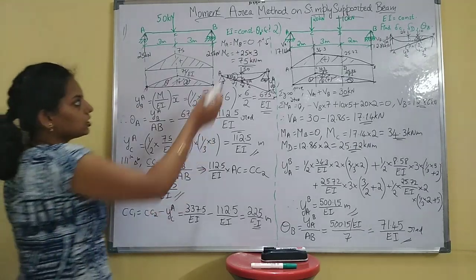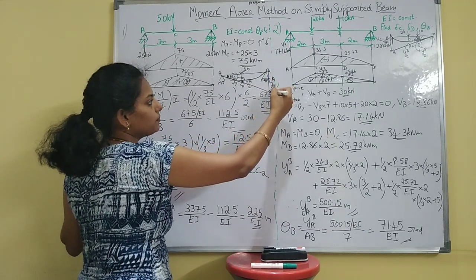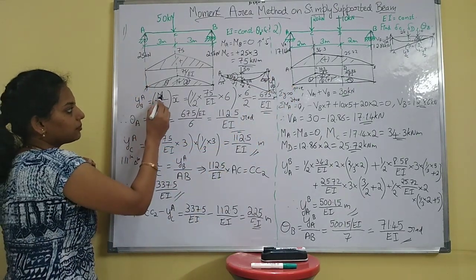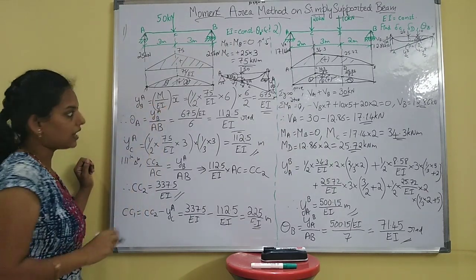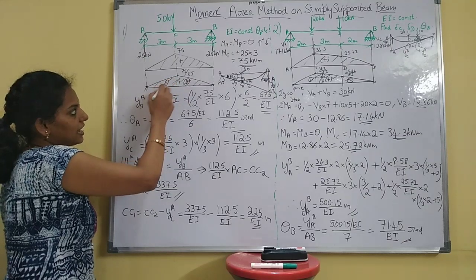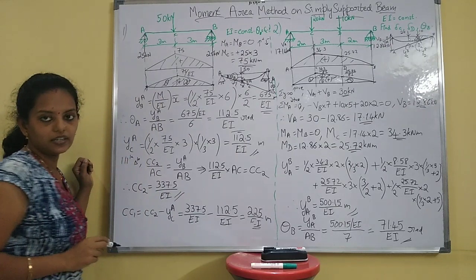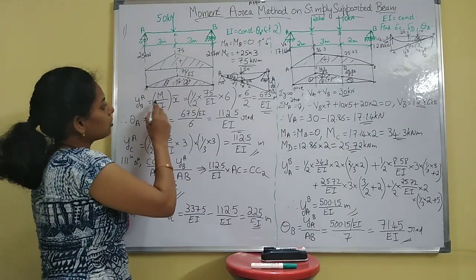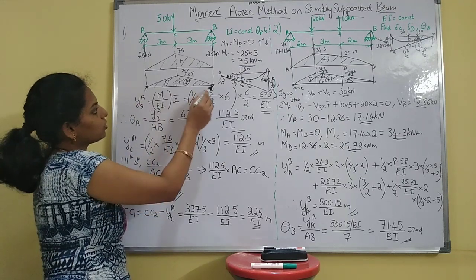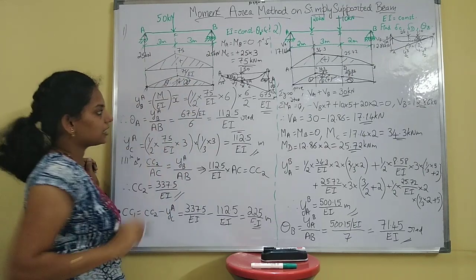So first, to find theta A, we first need YBA, the deflection at point B. YBA is nothing but M by EI into X bar. M by EI is the M by EI diagram, that is the area of the bending moment region between B and A. So consider both the regions.